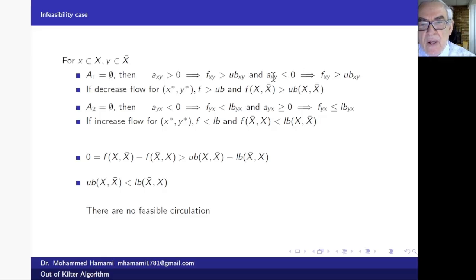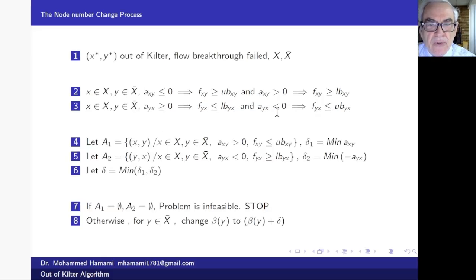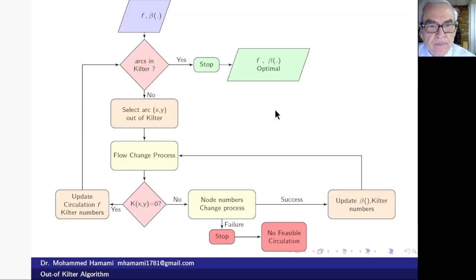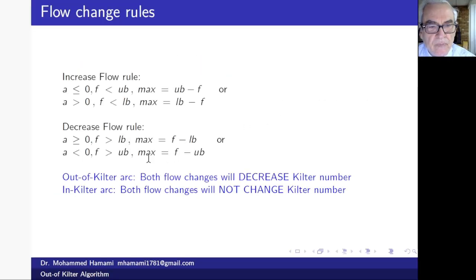Okay, because of the flow change rule, let's go back to the flow change rule. So here we want to increase the flow from x to x bar. So the adjusted cost is less than or equal to 0, and f is less than UB. And in that case, we can label the destination of the arc, but that one failed because the flow change operation failed.